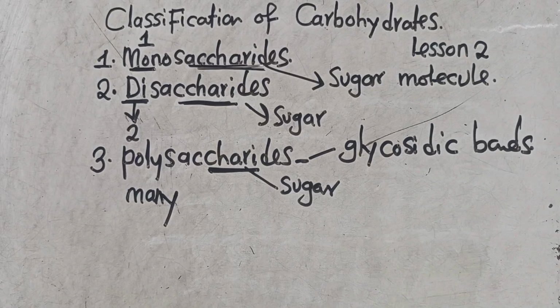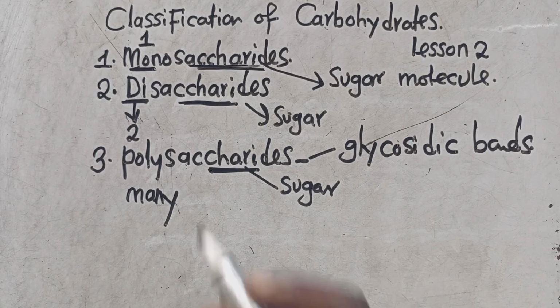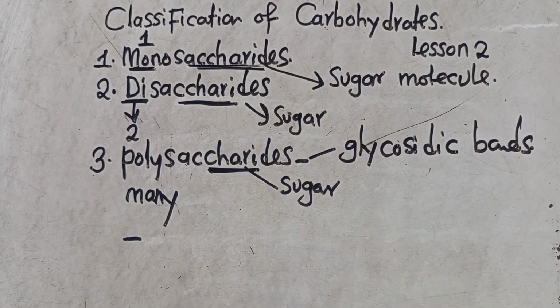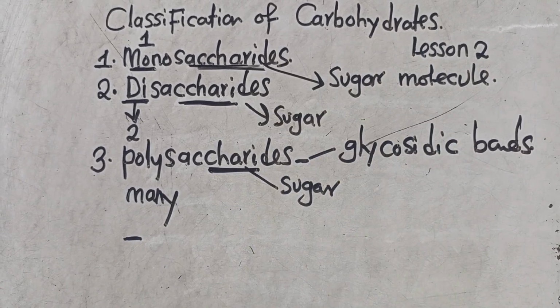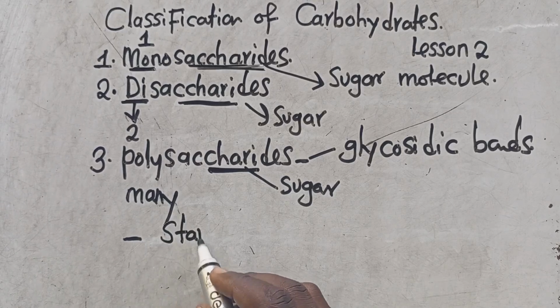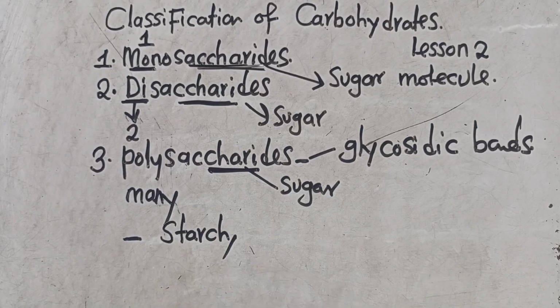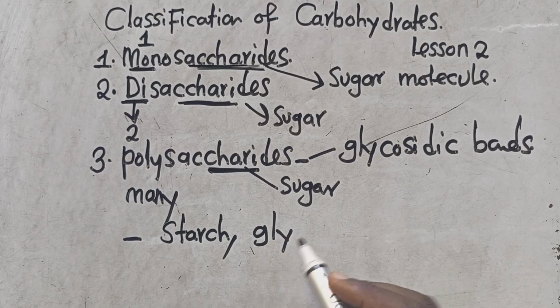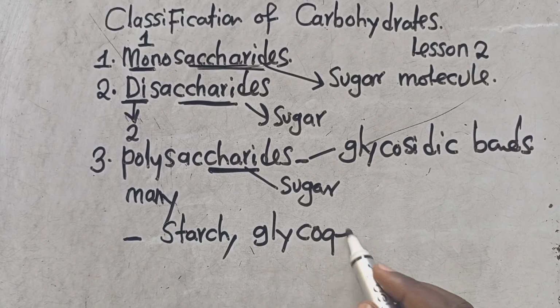This is what you are supposed to know: polysaccharides have many sugar molecules. Examples of polysaccharides include starch and glycogen.